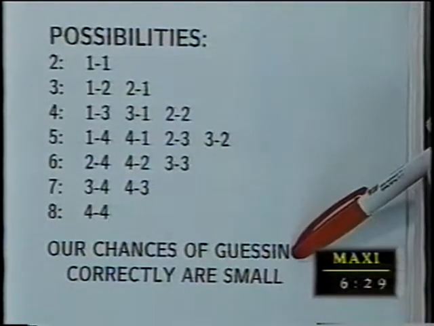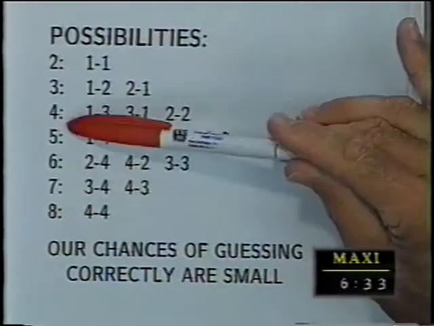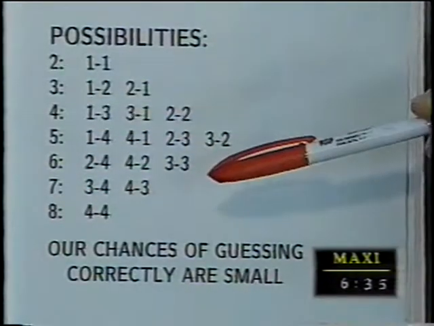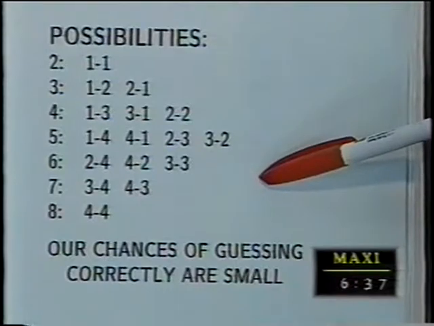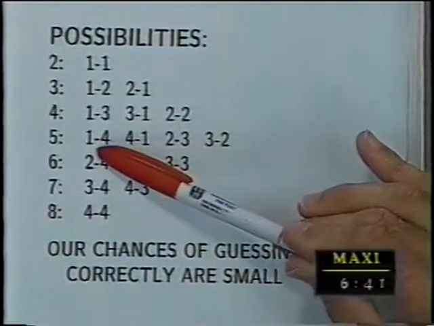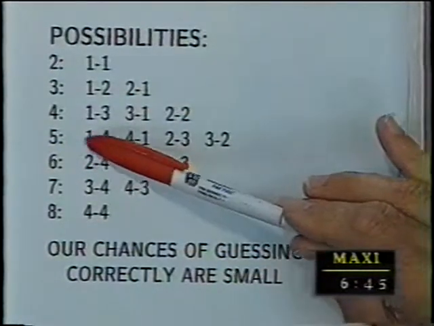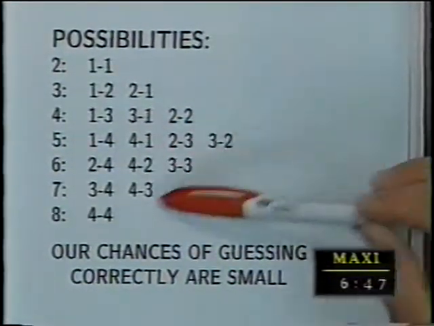Chances of guessing correctly are small. Notice there are at least 7 different groups, so there's maybe a 15% chance that I'm going to guess right at best. Or one trick way to do it is to say pick 5 all the time, because there are 4 out of 16 possibilities.